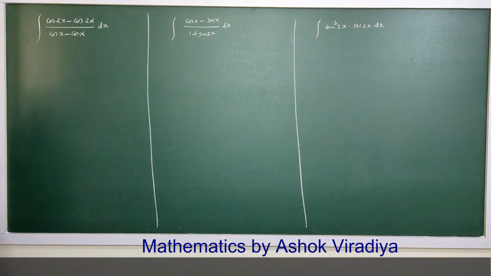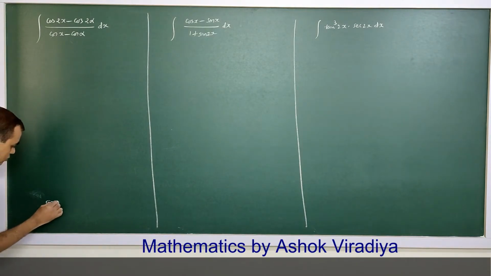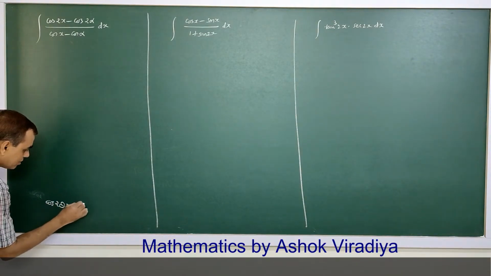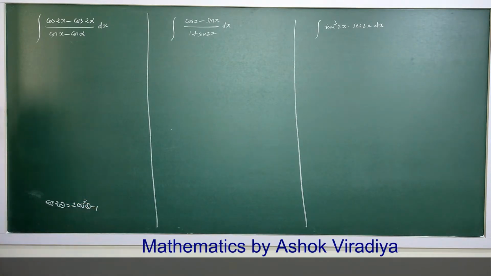Now the integral of cos 2x minus cos 2 alpha upon cos x minus cos alpha. In this question we are going to use this formula: cos 2 theta is 2 cos square theta minus 1.